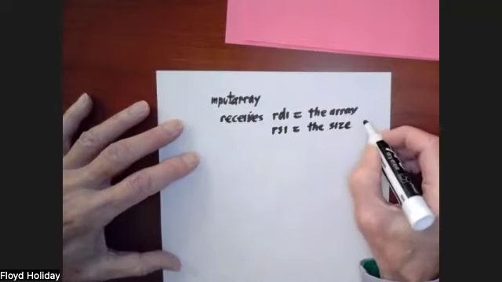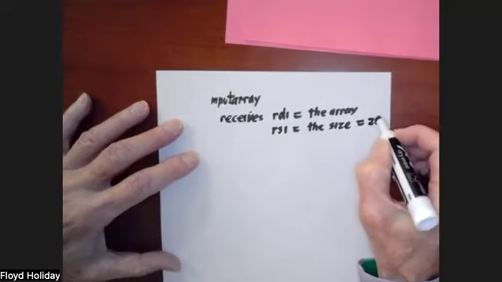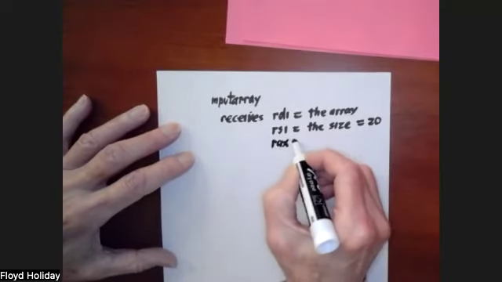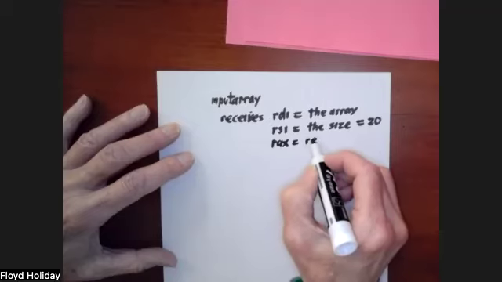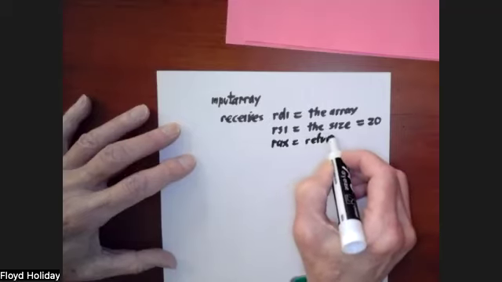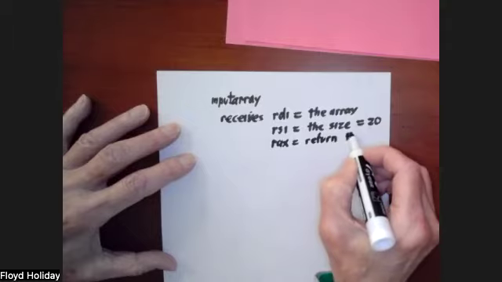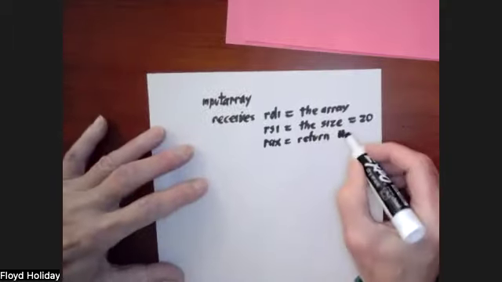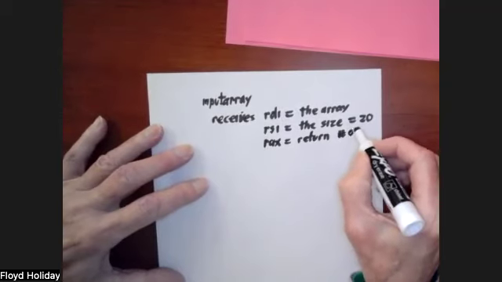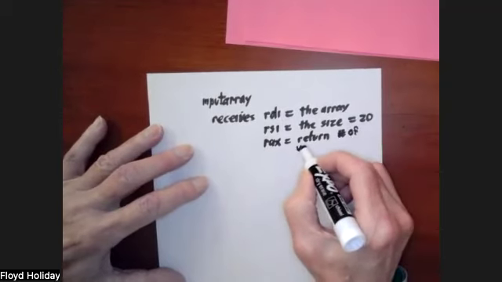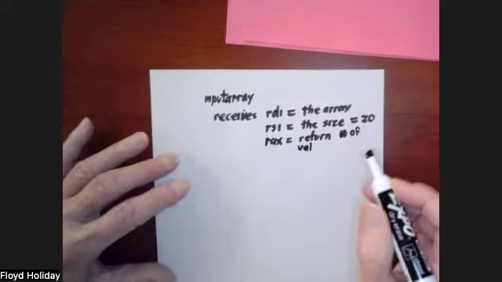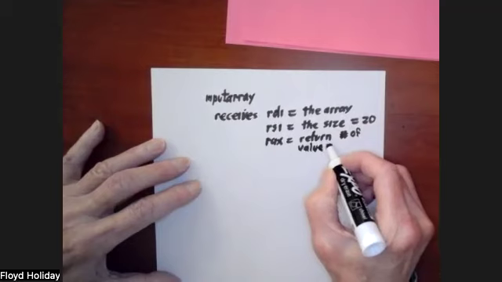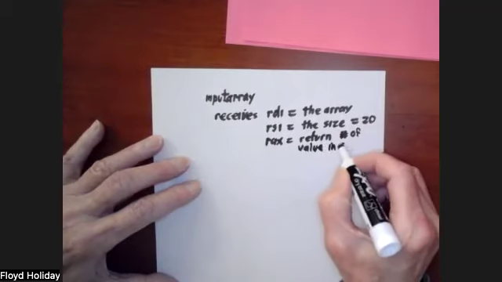In our example, this is a 20. And it returns the number of values entered into the array. It may be less, and it commonly is less than the full 20 values in the array.